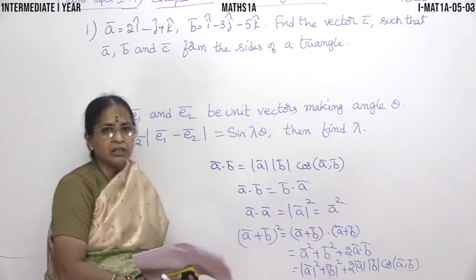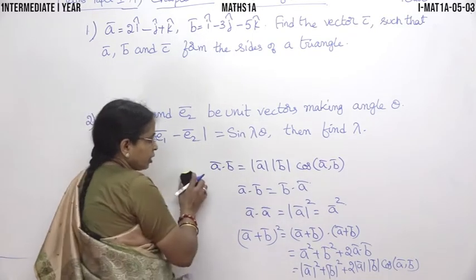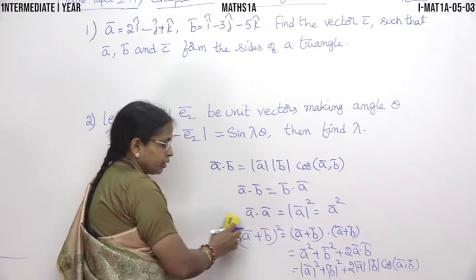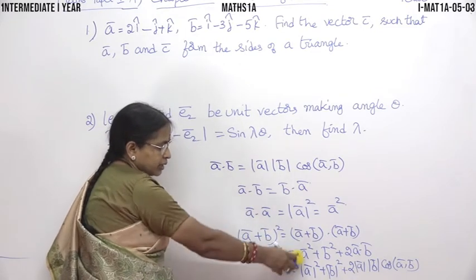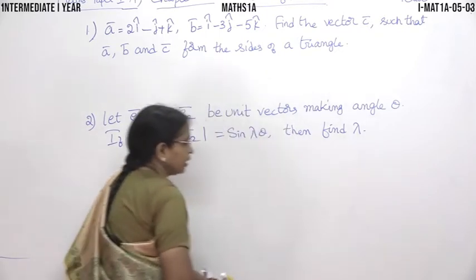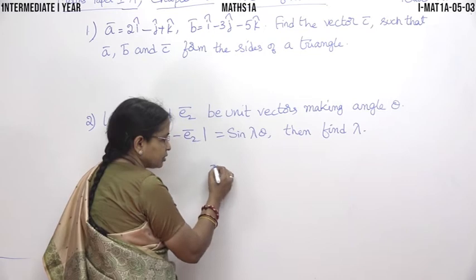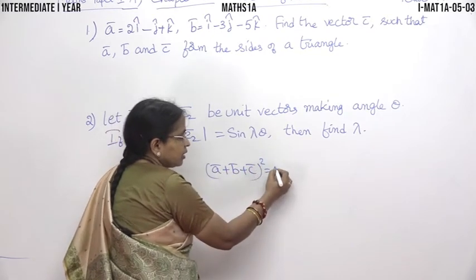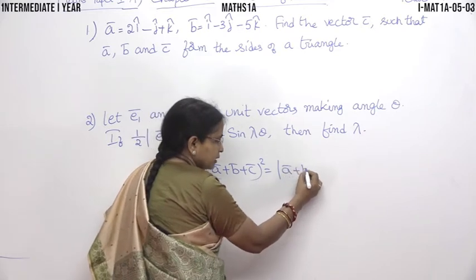So you have learnt these properties: the A dot B formula, then A dot B is equal to B dot A, then A plus B whole square, which we expand like this. Now in the same way, we have A plus B plus C whole square, which is mod of A plus B plus C whole square.